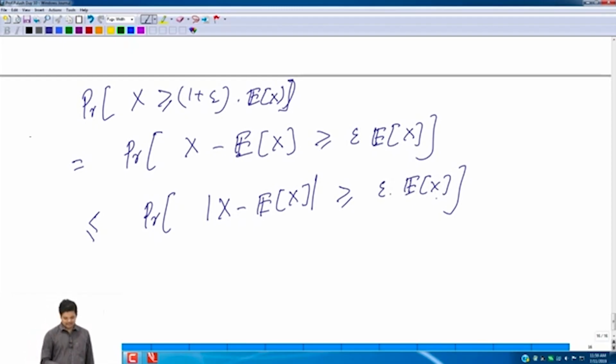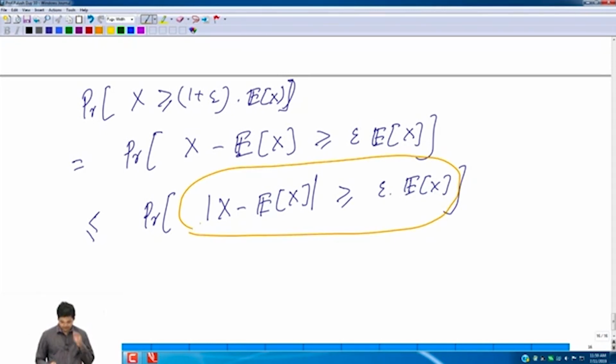Can anyone explain why it is less than equal to? Because look at this event. This event is a superset of this event, the event earlier.